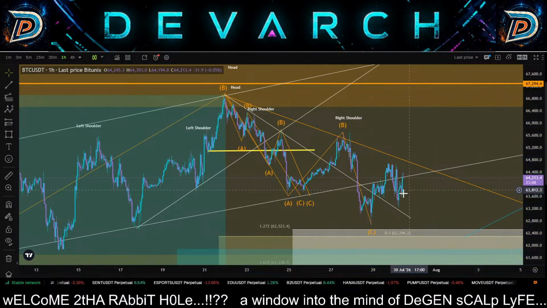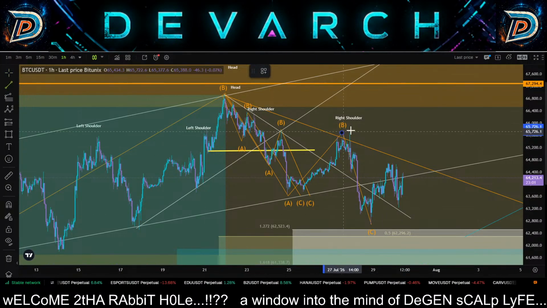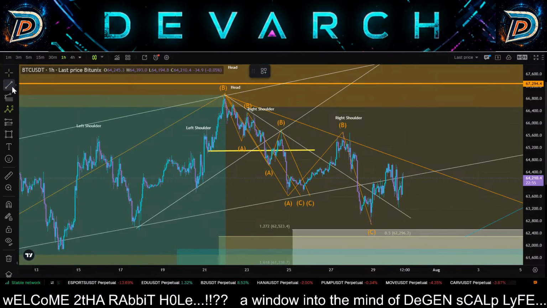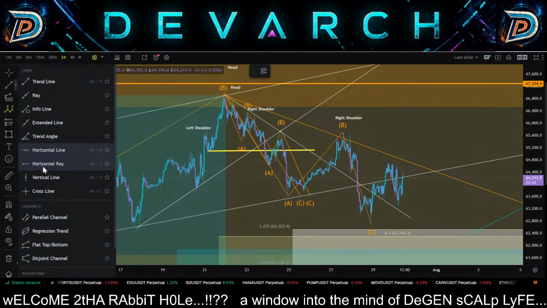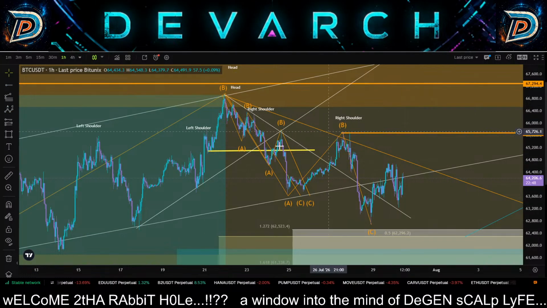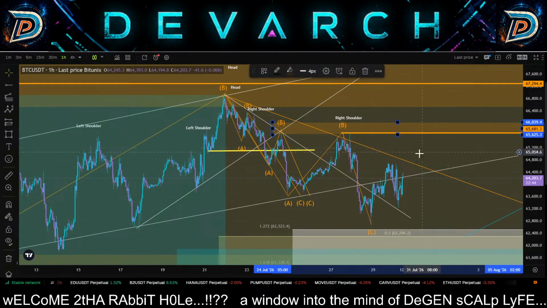Get rid of this, because that's irrelevant. And then we've got another structure to be aware of that needs to break. I use the horizontal array. Here's the B. This B zone needs to break.